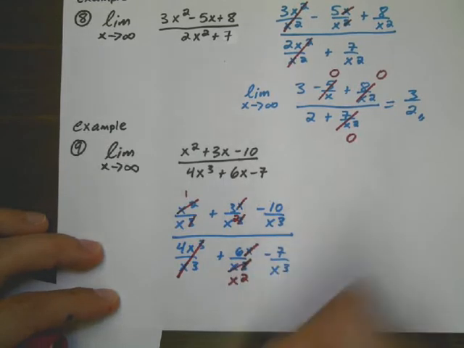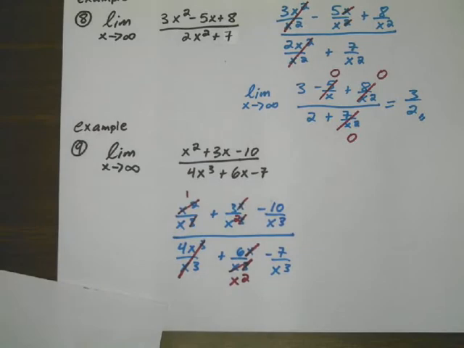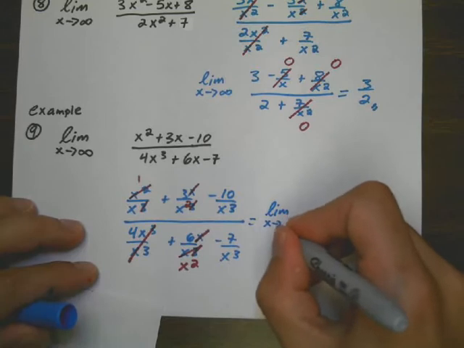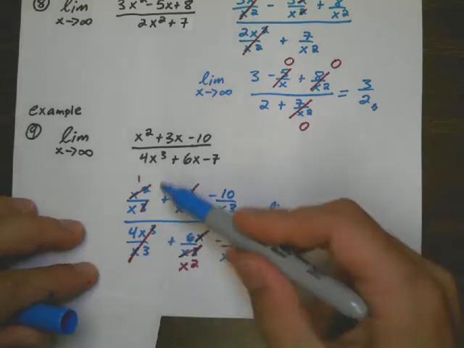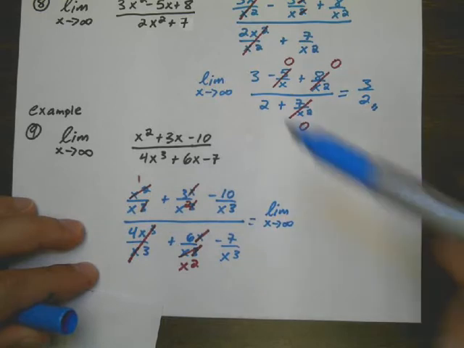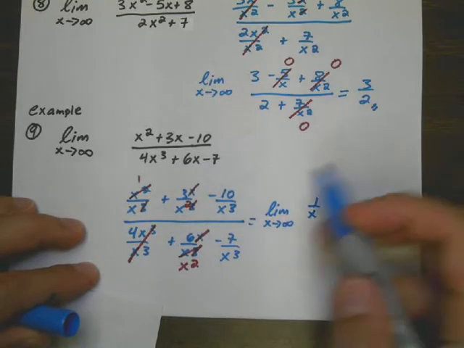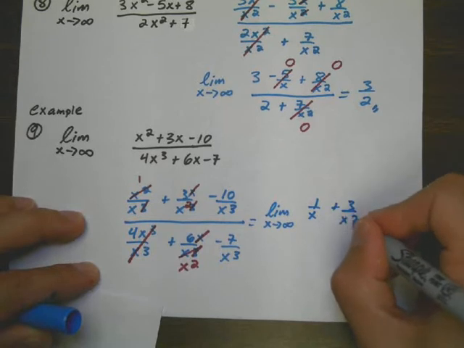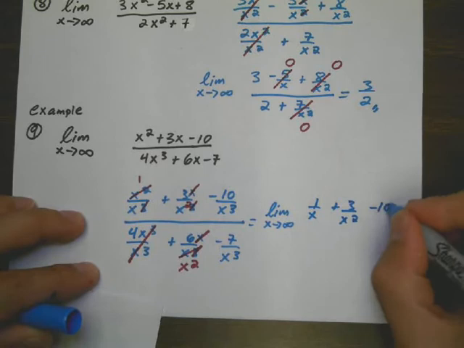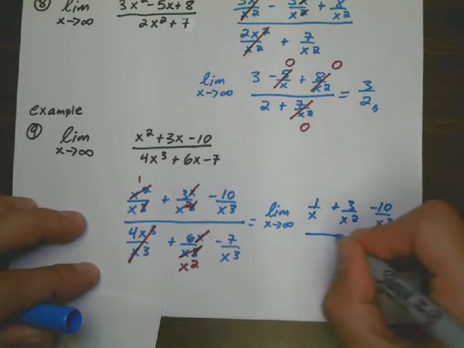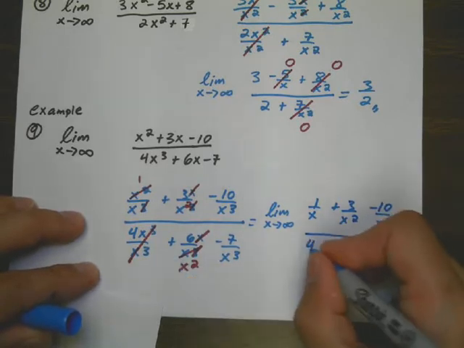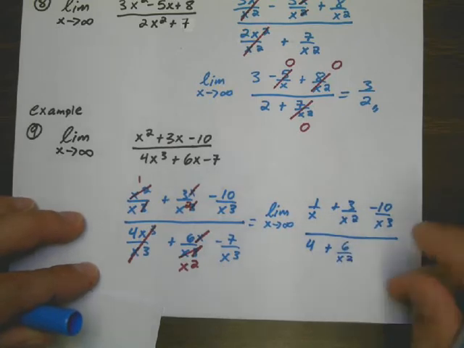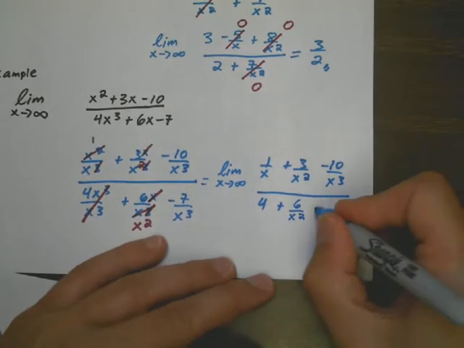Simplifying a bit, now my limit as x goes to infinity: this became 1 over x to the first power, this became 3 over x to the second, this stayed as 10 over x to the third, this became 4, this is 6 over x squared, and this is minus 7 over x to the third.